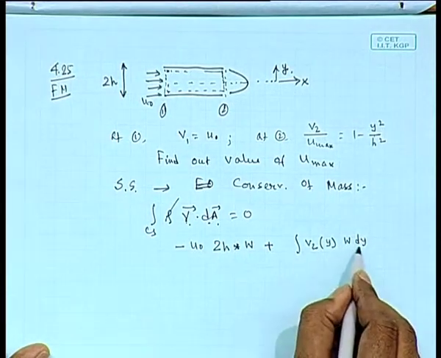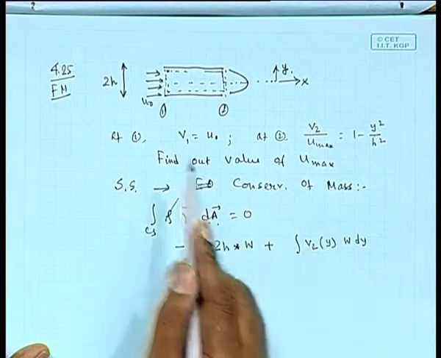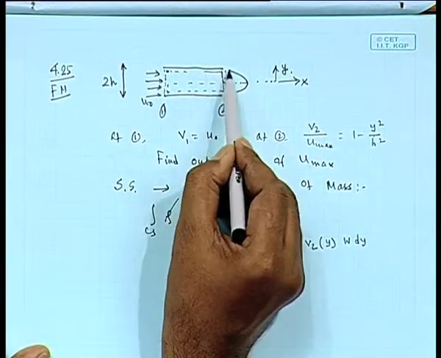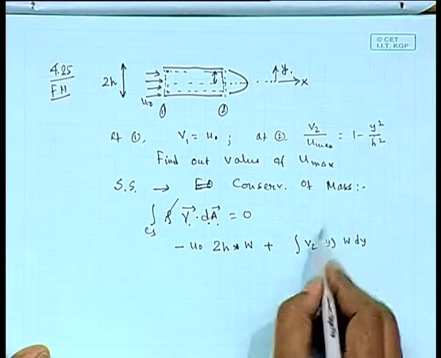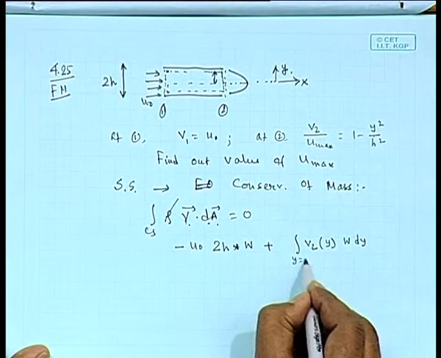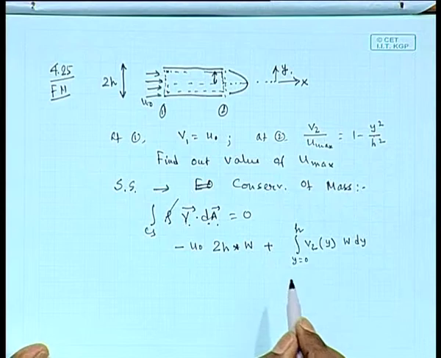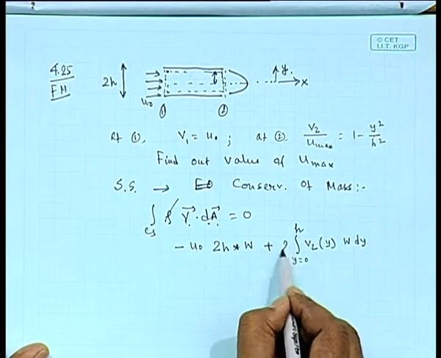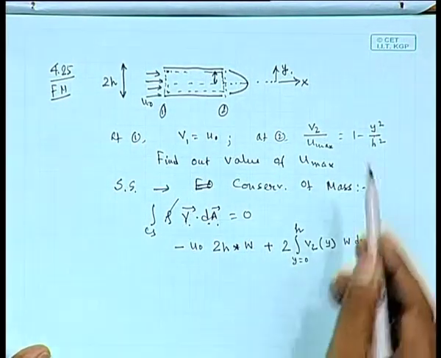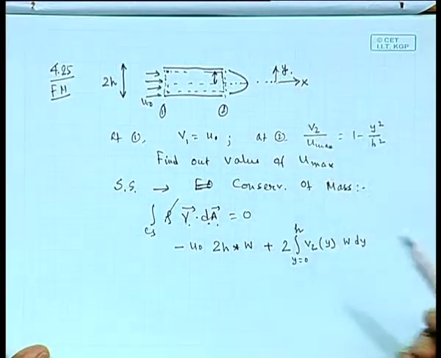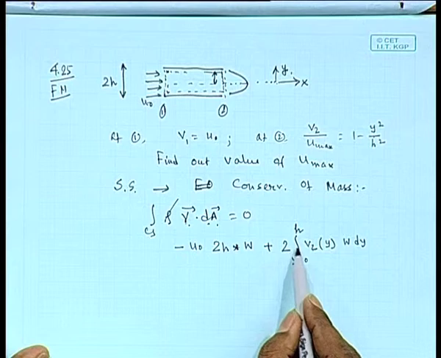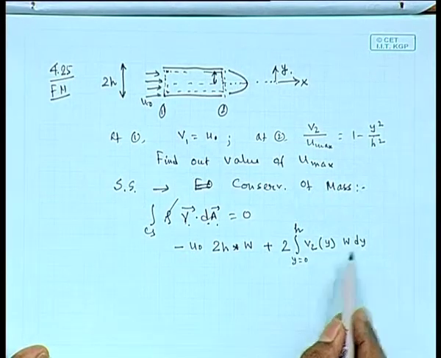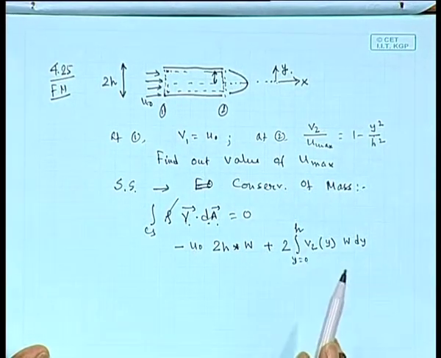By carrying out this integration from y equal to 0 to h, you are getting the total material coming out of this half. So it will be twice, because y is measured from the central line because of the coordinate system. If y had been measured from the bottom, then this integral would have been v2 w dy from 0 to 2h.